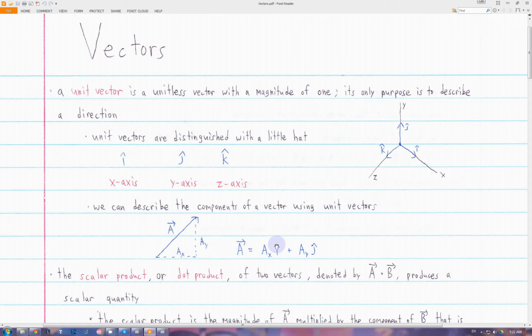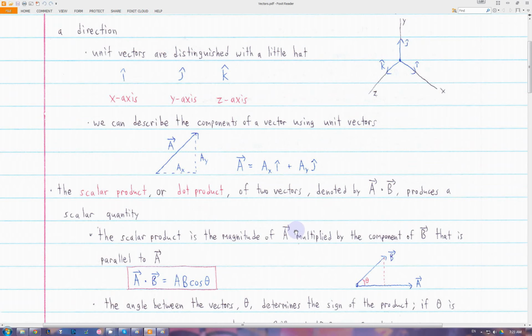And likewise, 3j is just a vector that points in the y direction with a magnitude of 3. So 5i represents the x component of the vector, and 3j represents the y component of the vector.